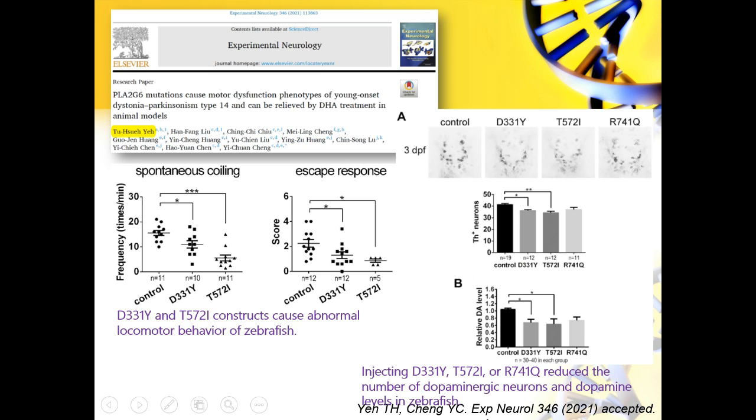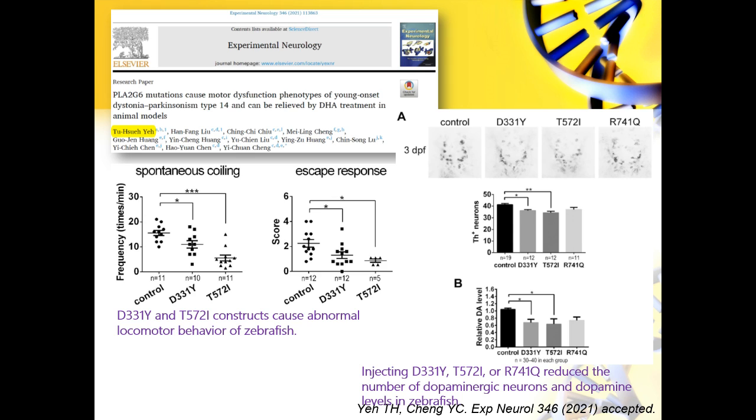In this study, we established a Parkin mutant model of Parkinson's disease for drug screening. Several Parkin mutant constructs were injected into zebrafish embryos. The frequency of spontaneous coiling was reduced by D331Y or T572I injection. The injected embryos displayed reduced escape distance compared with the controls.